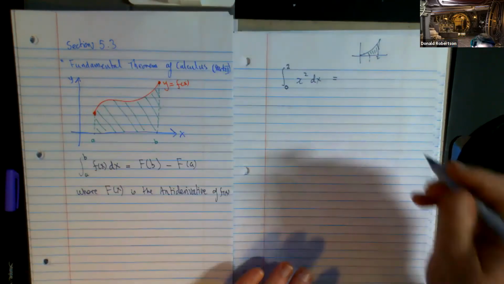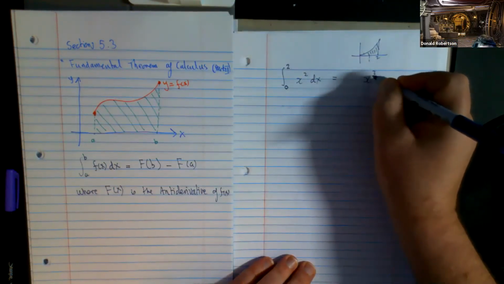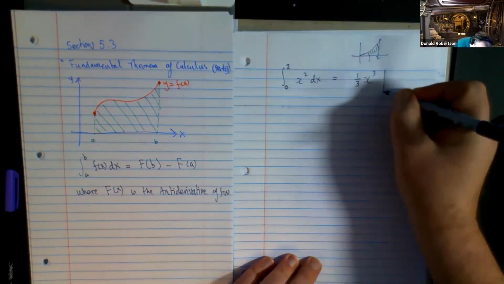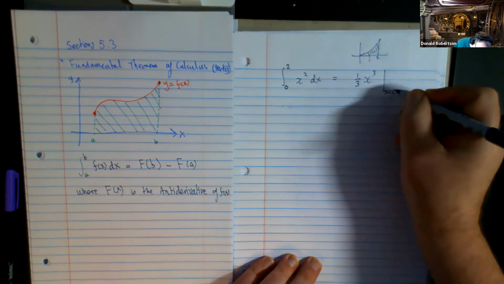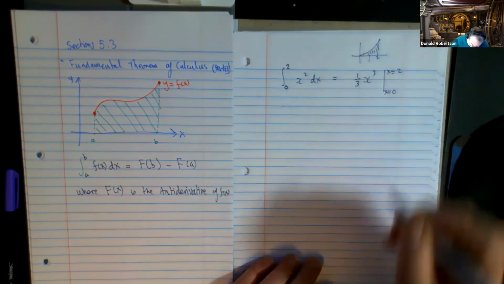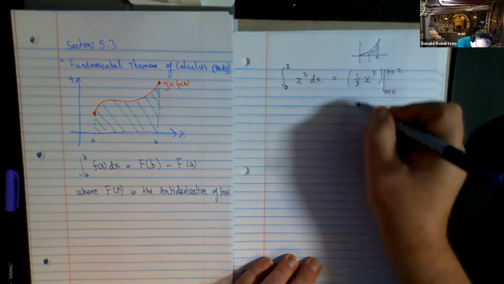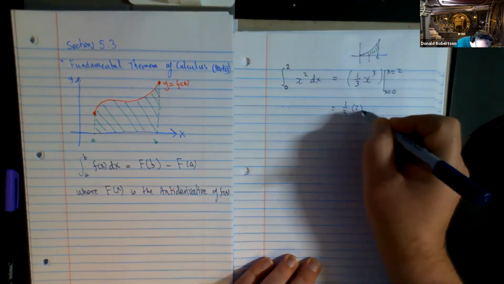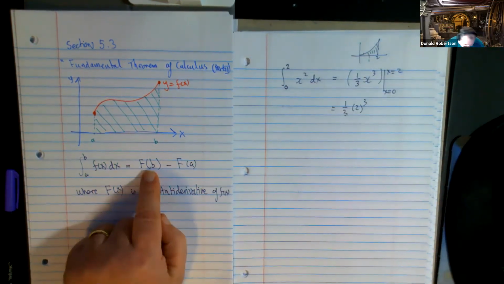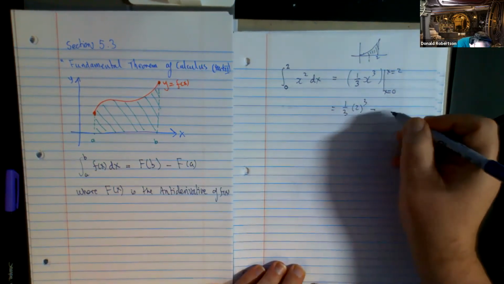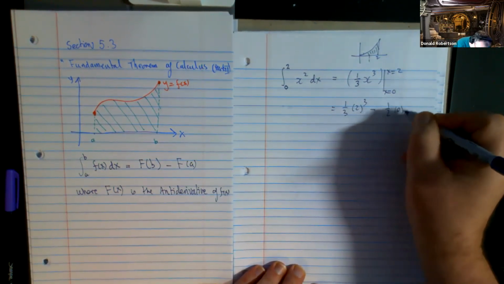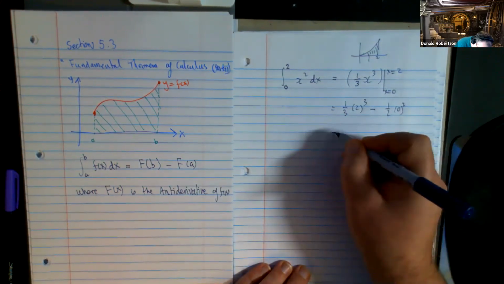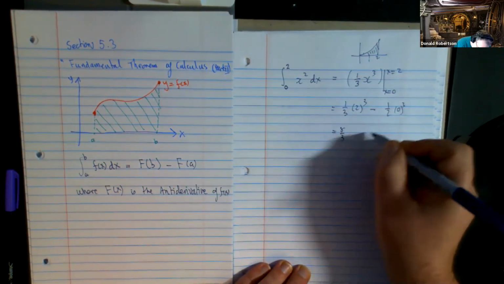So you add 1 to the power, and then you divide by the new power. And then you draw a vertical line, and you write x equals 0 to x equals 2. And then you plug in 2, which is essentially what that would be. Take away, you plug in 0. 2 cubed, that's 8, over 3. Take away nothing, boom.